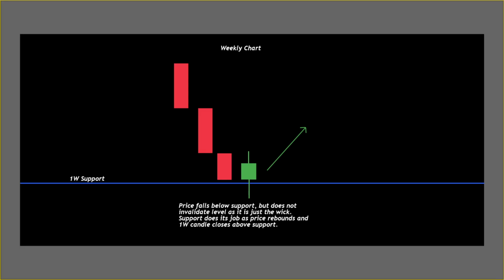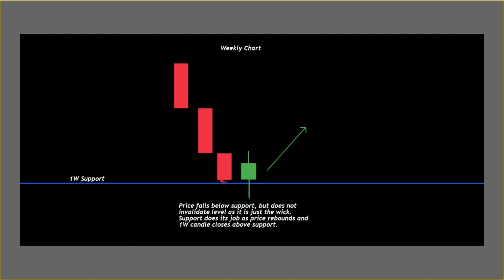So here's an example of a weekly chart, and let's say there's some sort of weekly bearish market structure. Prices are coming down, and here's our 1 week level of support. So price is coming down. Price falls below. So remember, here is our candle open and candle close.